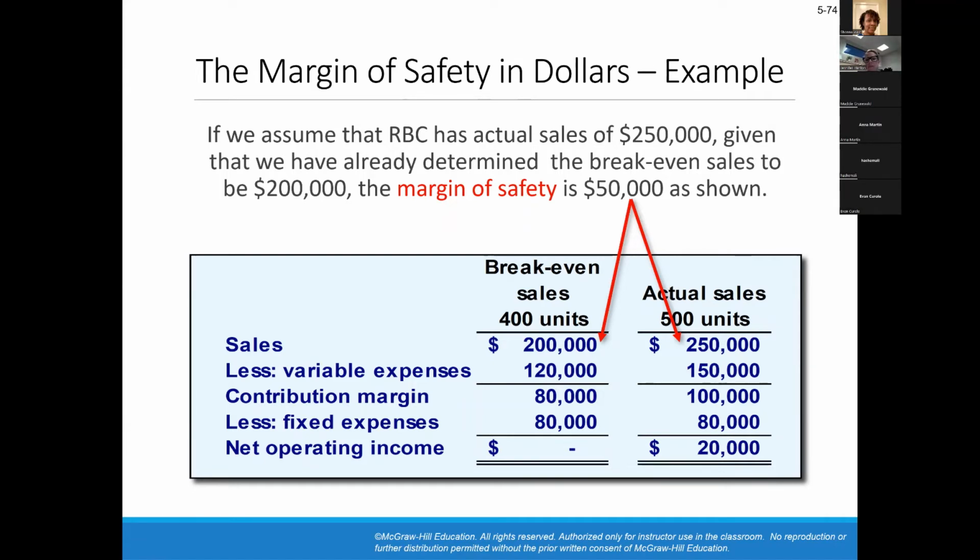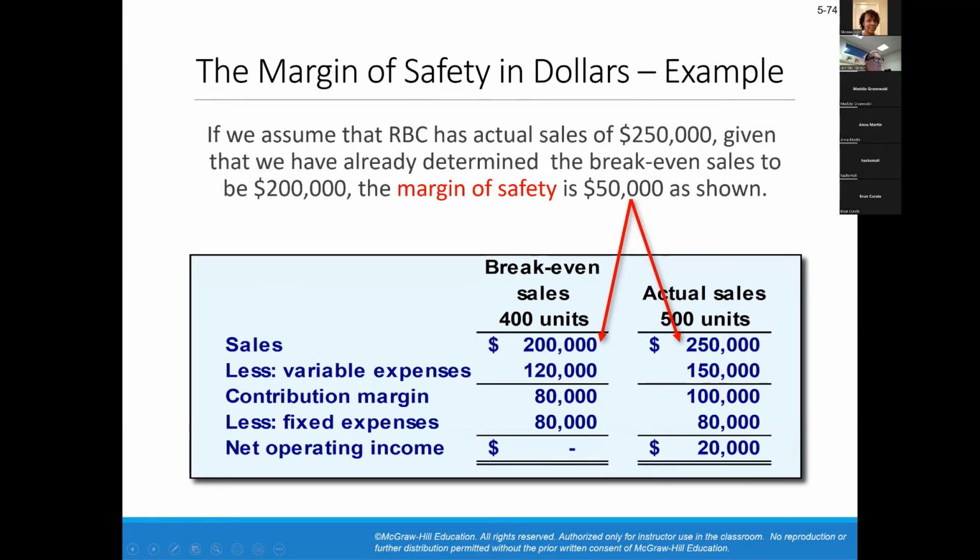Then they gave us a scenario that we sold 500 units and did the calculations and showed, okay, well, it's covering not only the fixed expenses, but we're also going to have a net operating income of 20,000. All right. So the margin of safety is 50,000. That is the difference. So let me go back.